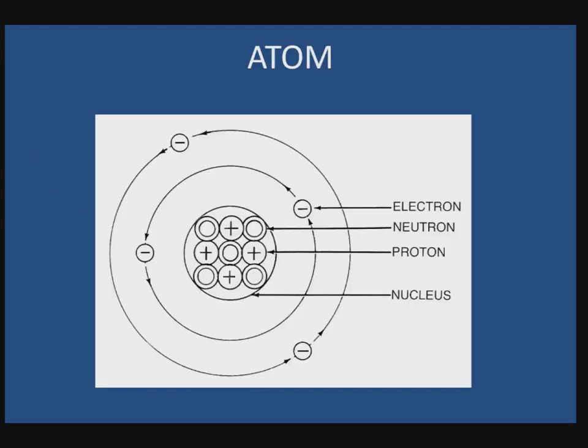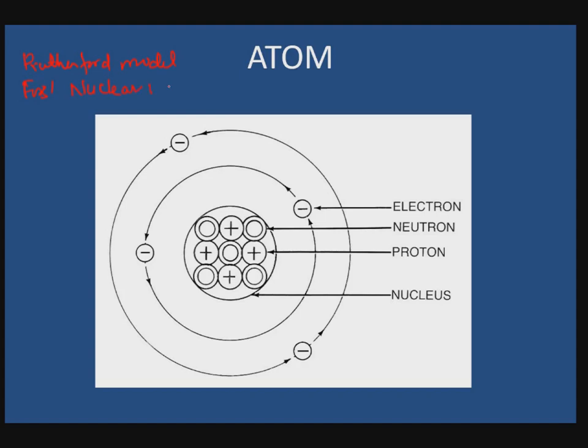As you all know, the first model of the atom was given by Thomson, his famous plum pudding model. After that, Rutherford put forward his theory in which he first proposed the nucleus in an atom. So that's why the Rutherford model of atom is also called the first nuclear model.